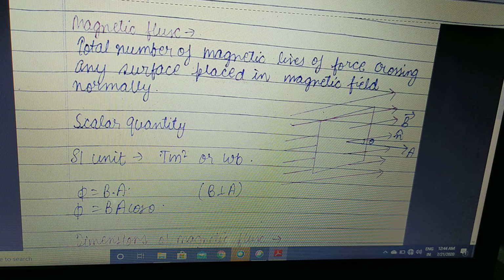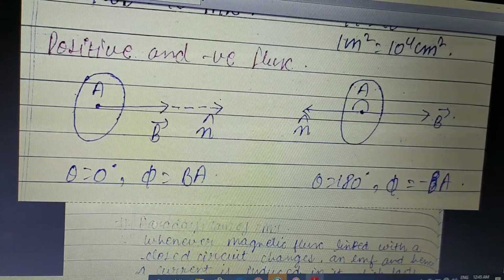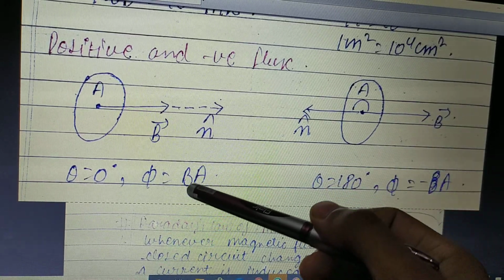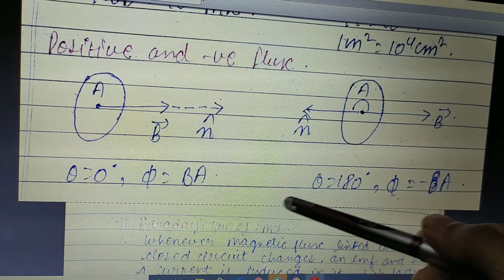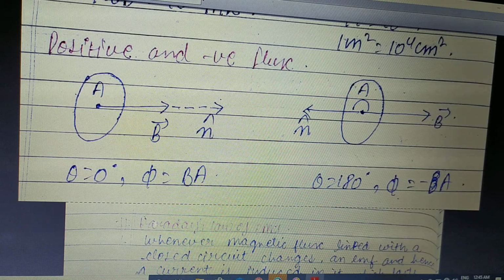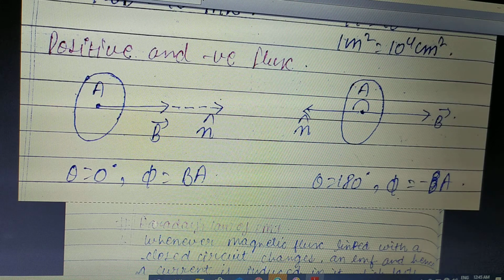Okay, now we can see from these two figures the value of magnetic flux. It can be a positive value, and it can also have a negative value. In which case do we have the positive value for magnetic flux? When theta, that is the angle between the normal to the surface and the magnetic field, is 0 degree.